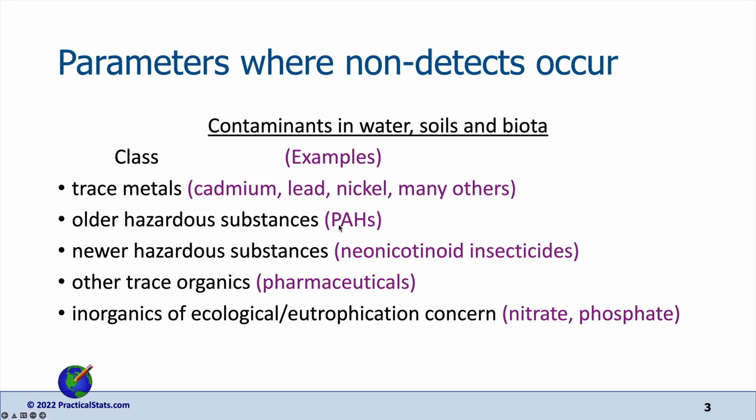Older hazardous substances like PAHs, newer hazardous substances, neonicotinoid insecticides, or pharmaceuticals, all of these commonly have a substantial portion of their data that are non-detects. And inorganics that are of ecological concern, such as nitrate, is still one of the things that we worry about for eutrophication purposes.